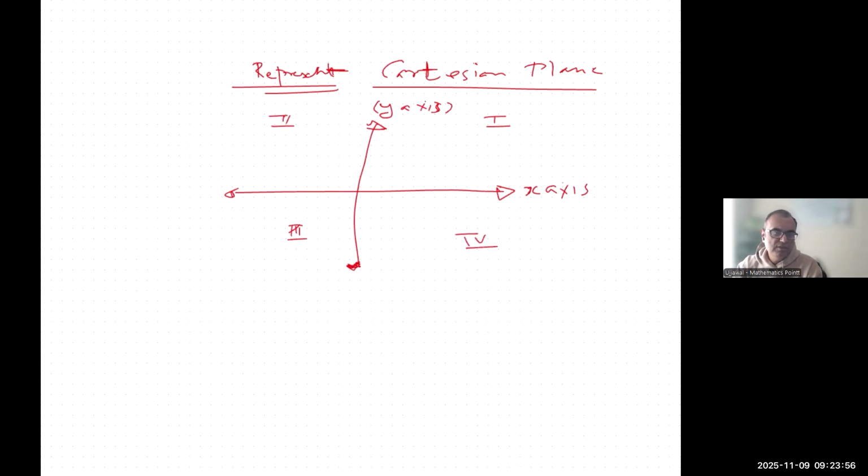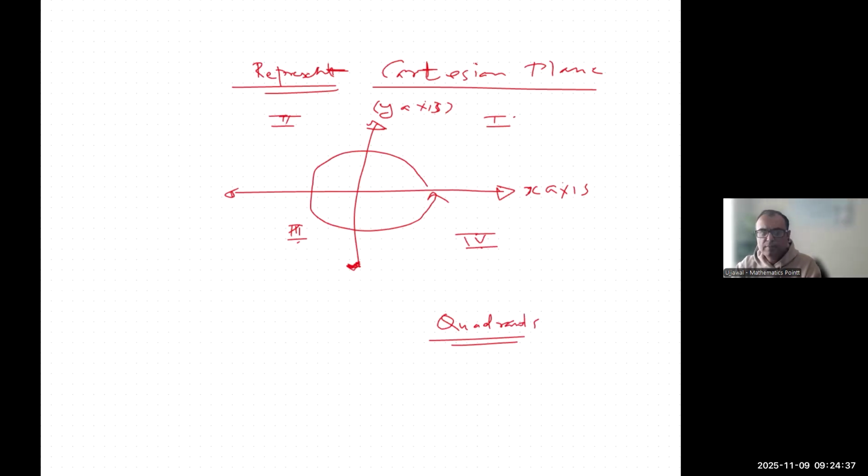They're not called regions, but they're called quadrants. So this is the first quadrant, this is the second quadrant, this is the third quadrant, and this is the fourth quadrant. Now, we follow an anti-clockwise direction here when we are going 1, 2, 3, 4. We don't follow the clockwise rotation. So that's how you remember. It is an anti-clockwise rotation.